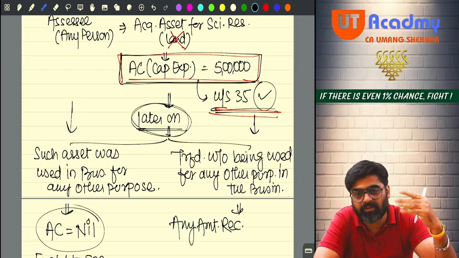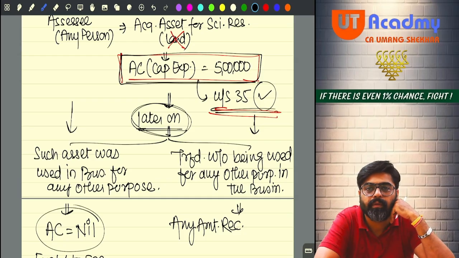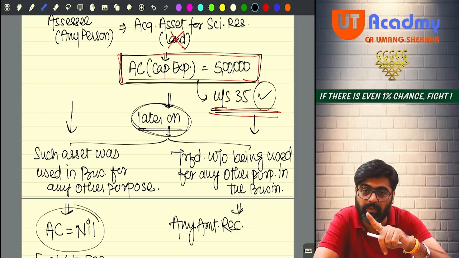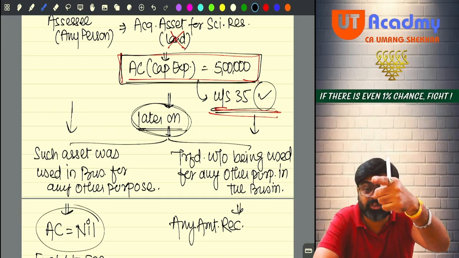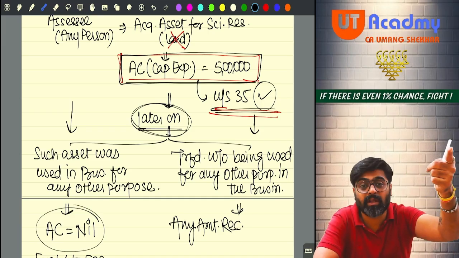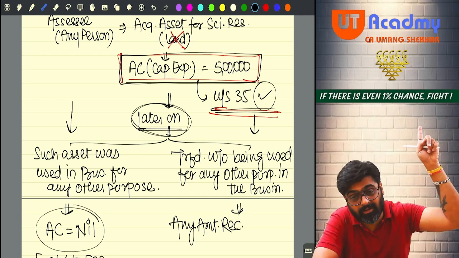What if you are selling the asset and you are receiving 5 lakhs? The entire 5 lakhs will be now deemed PGBP income. But what if you are selling the asset and you are getting 5 lakh 80,000? To the extent of 5 lakhs, it will be deemed PGBP. But any recovery over and above this 5 lakhs, which was allowed under PGBP, cannot be treated as your deemed PGBP. That will be treated as your capital gains.